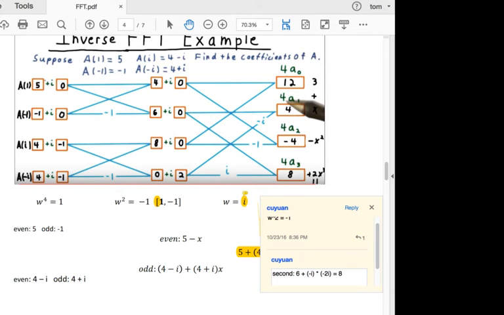The second part is the even one, the even plus omega times the odd. So here should be 4, and the fourth should be a minus the even part minus negative i.